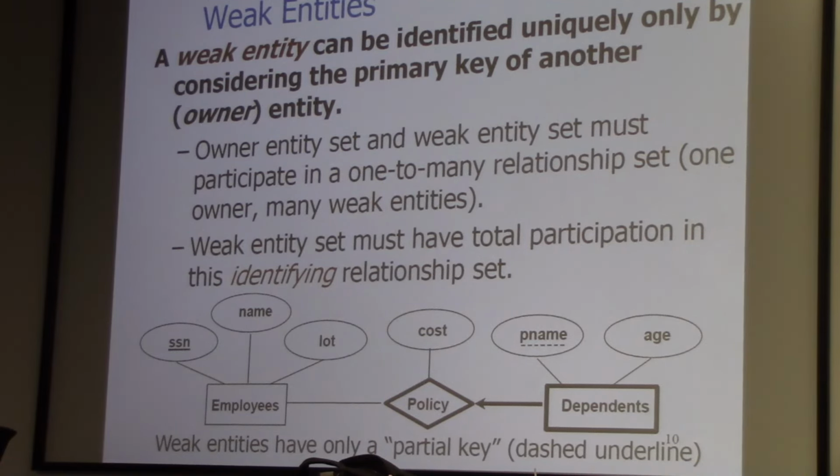Let me give you an example. I have the employee entity set right here, but then I have dependent of that employee. So suppose you're designing a corporation database for a particular company. Obviously, you care about employee information, that set for all the employees of that company.